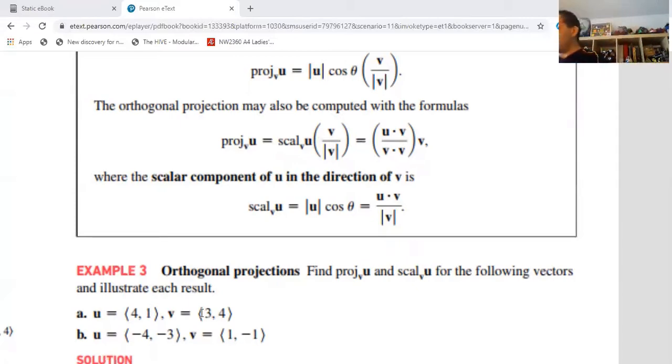All right? So let's do it. So starting with part A, the vector u is 4,1, vector v is 3,4. All right, let's switch to the page.